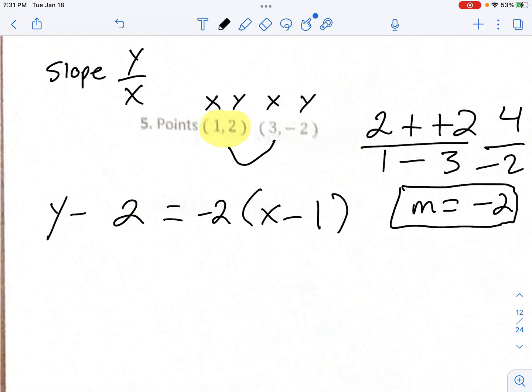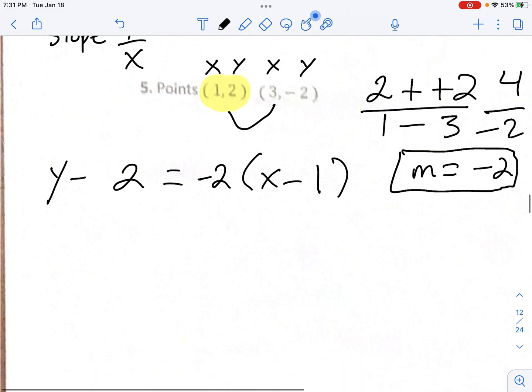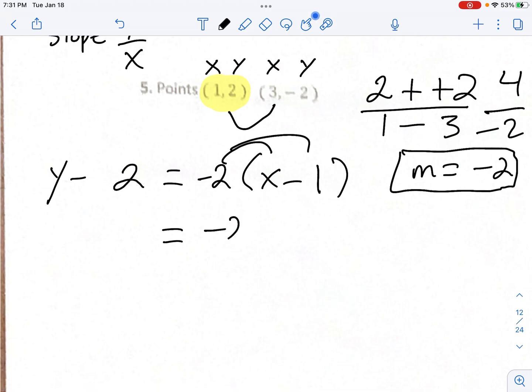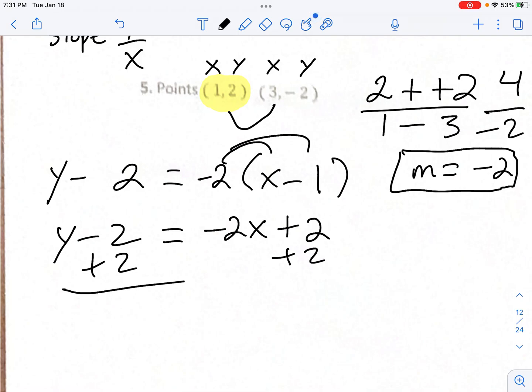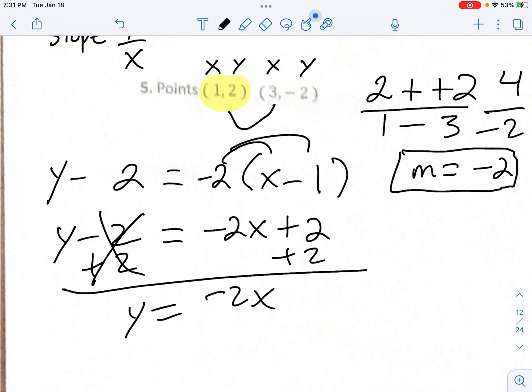Okay, that's the letter for it. Now that we've got our numbers plugged in, now we distribute. So negative 2 times x is negative 2x. Negative 2 times negative 1 would be positive 2. Drop this down. Add this to the other side. So we get y equals negative 2x plus 4.